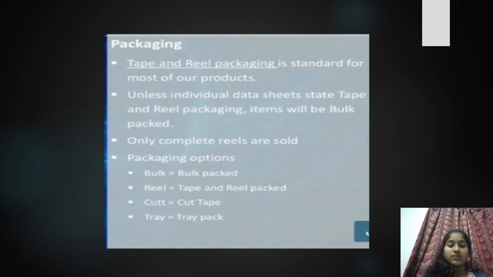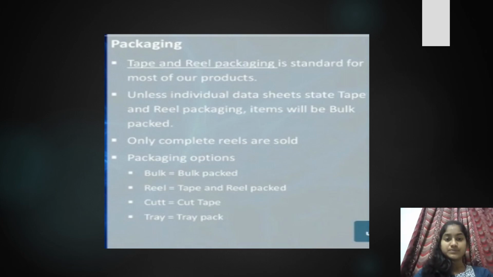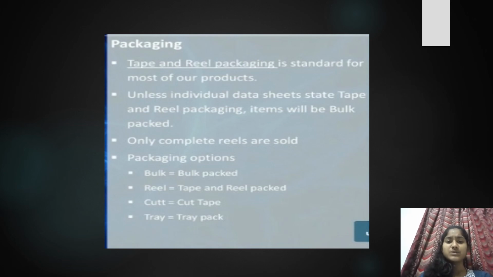VCXOs and the packaging. Tape and reel packaging is standard for most of our products. Unless individual data sheets state tape and reel packaging, items will be bulk packed. Only complete reels are sold.